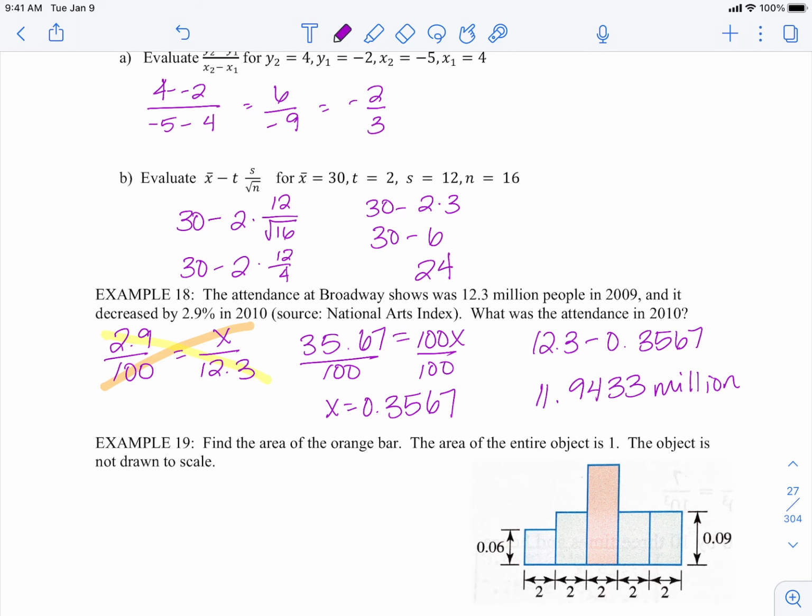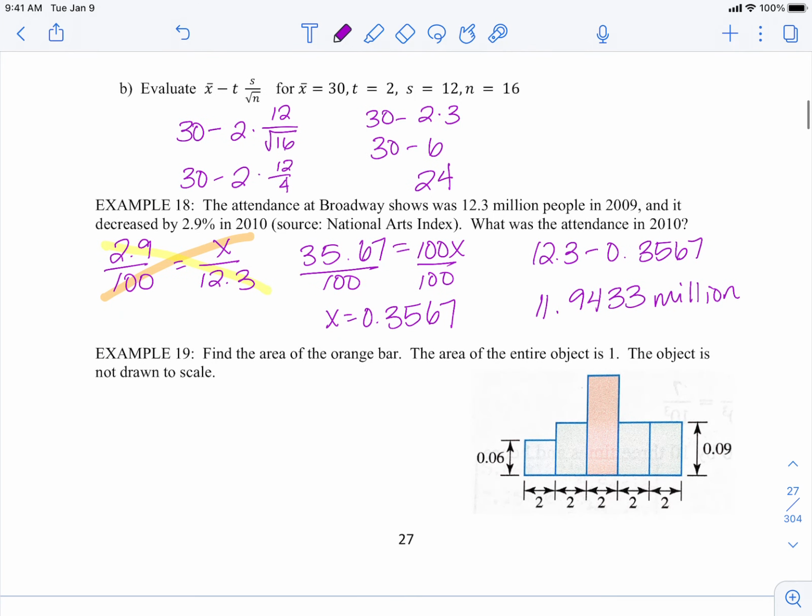All right, our last problem for today, find the area of the orange bar. The entire object is 1. The object is not drawn to scale. So if I want to find the area of the smaller blue one, so this first one, remember, area of a rectangle is base times height. So I can do 0.06 times 2, and that's going to give me 0.12. Okay, then for the remaining blue ones, I have 0.09 times 2, and so that's going to give me 0.18.